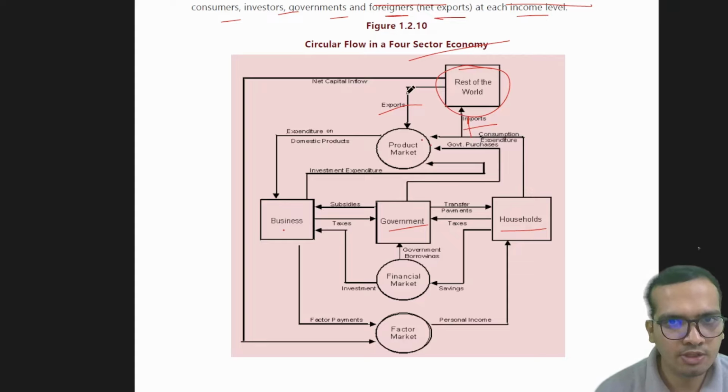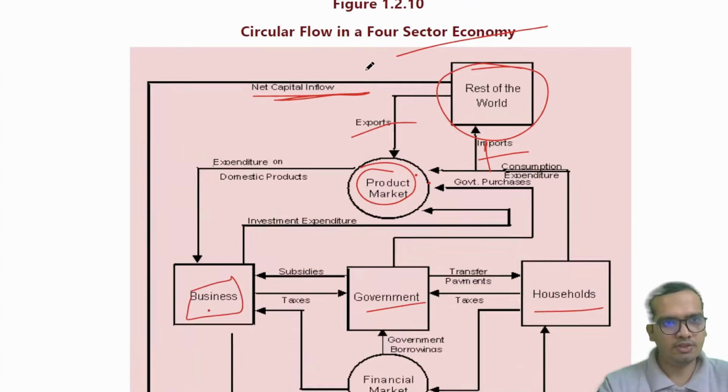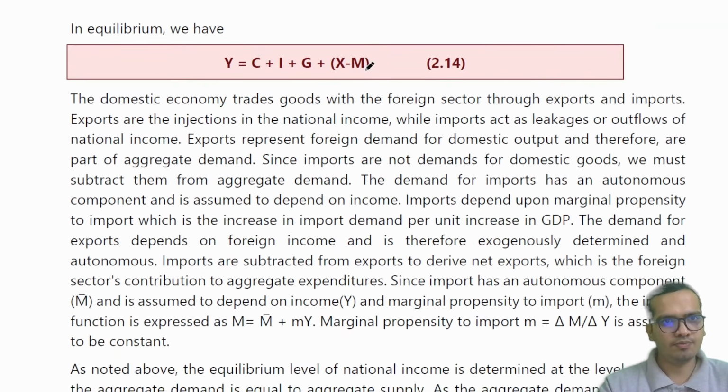Similarly, some exports to the rest of the world have been routed through the product market, which goes into businesses. Similarly, there is some net capital inflow. There is an explanation given. I will just try to explain it.